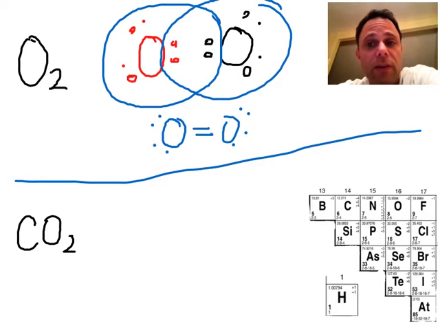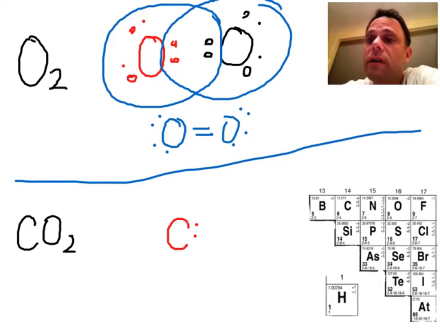Now, carbon dioxide. Let me build this one for you, but please pause, try it yourself. Alright, here's what it looks like. Carbon. Actually, I slipped up just a little bit. Carbon, and there are the 4 valence electrons, and oxygen.